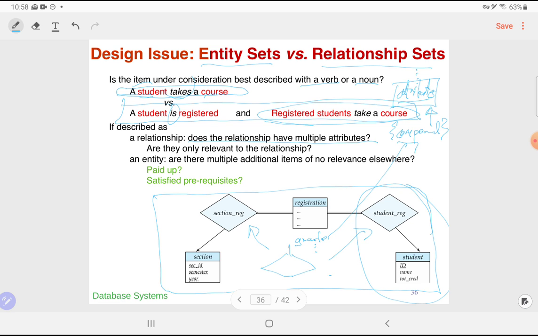Assuming that single multi-valued attribute is only relevant to the relationship.